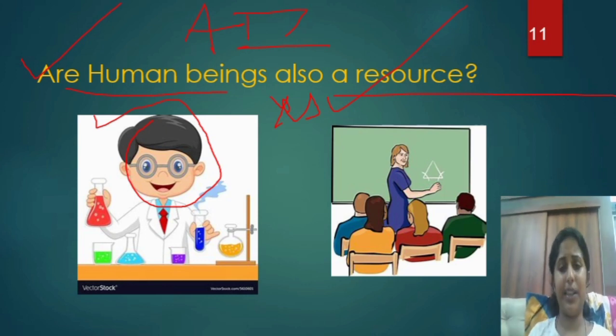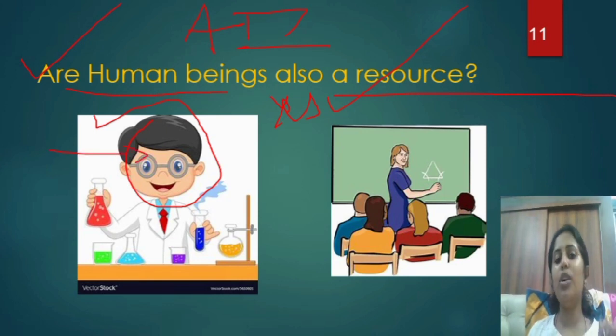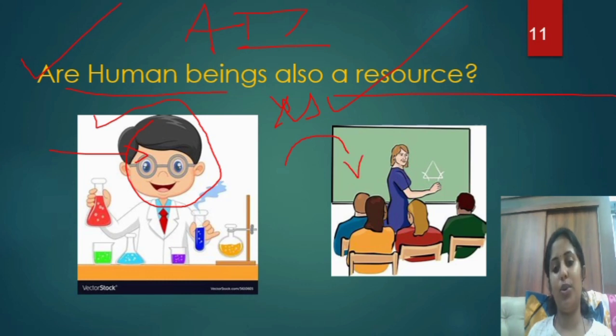For a human being to become a resource, what is necessary? Yes, it is on the next picture, that is education. Education is the most important resource, my dear students, without which you all are incomplete. Who told this? Swami Vivekananda has. This is a social chapter I am introducing.